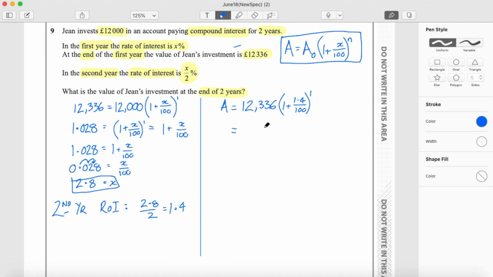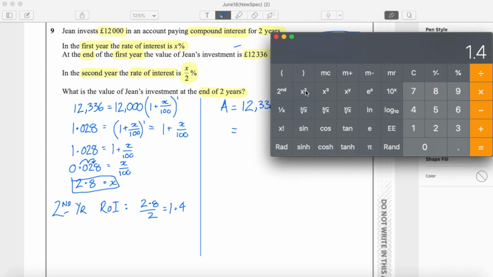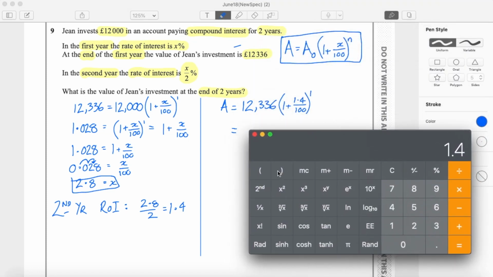So we can use our calculator to solve this. I'm going to do the work inside the brackets first, so I'll do 1.4 divided by 100 plus 1, which is 1.014.